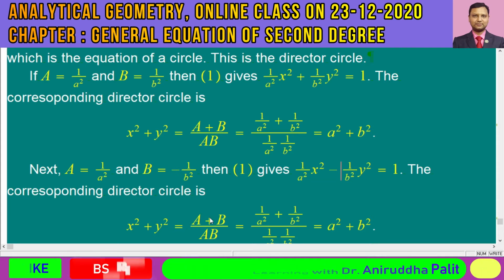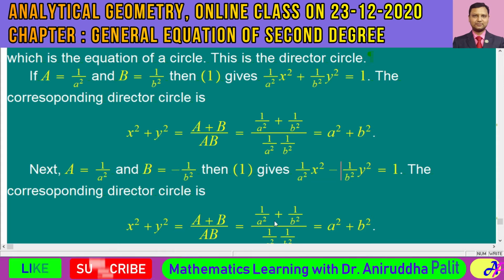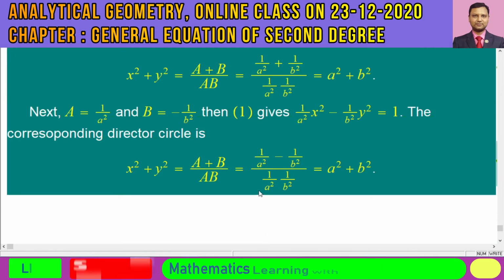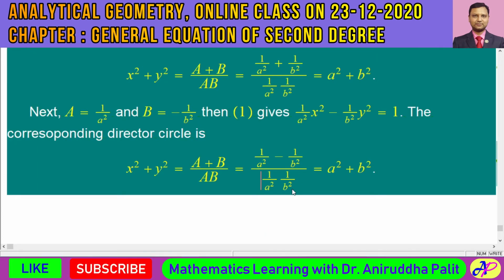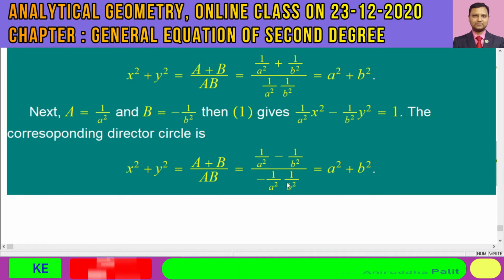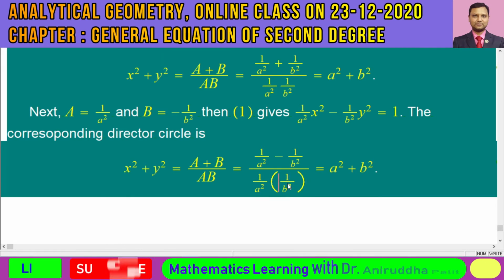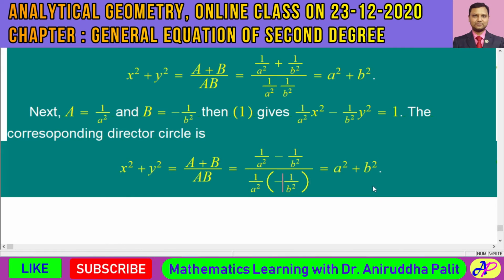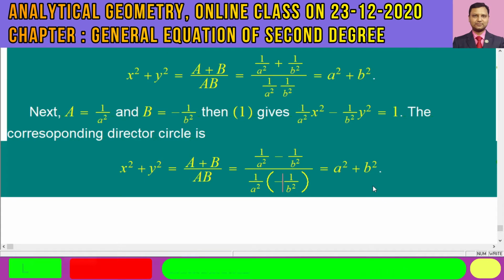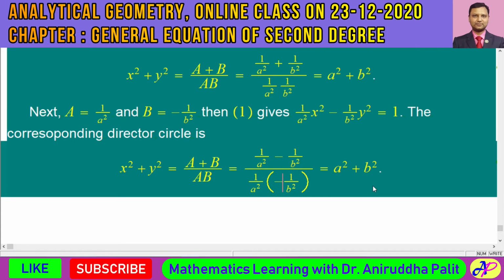The corresponding director circle will be, over here we shall have this minus b square, and then again one more minus would ultimately come. Actually the minus should come from this minus b square. Now if we consider the LCM, then it would be a square minus b square.